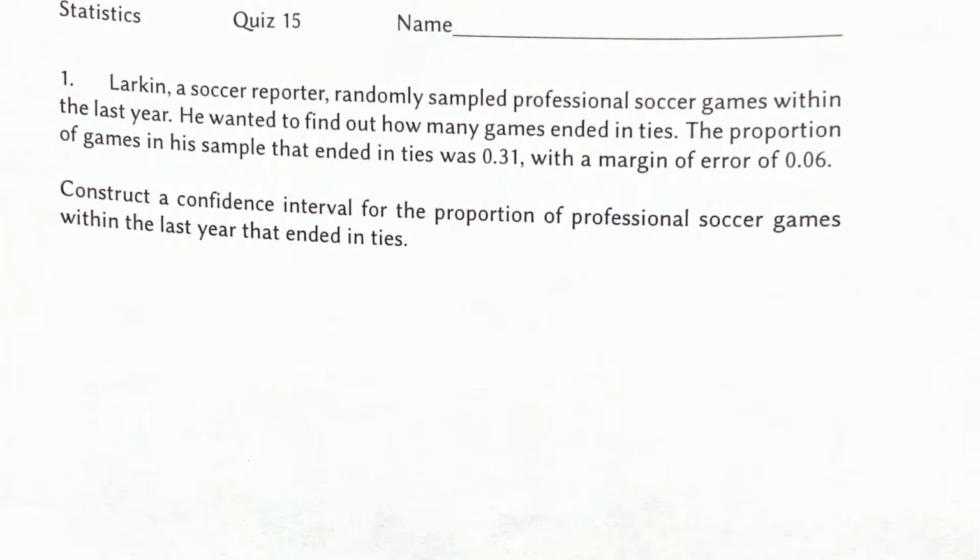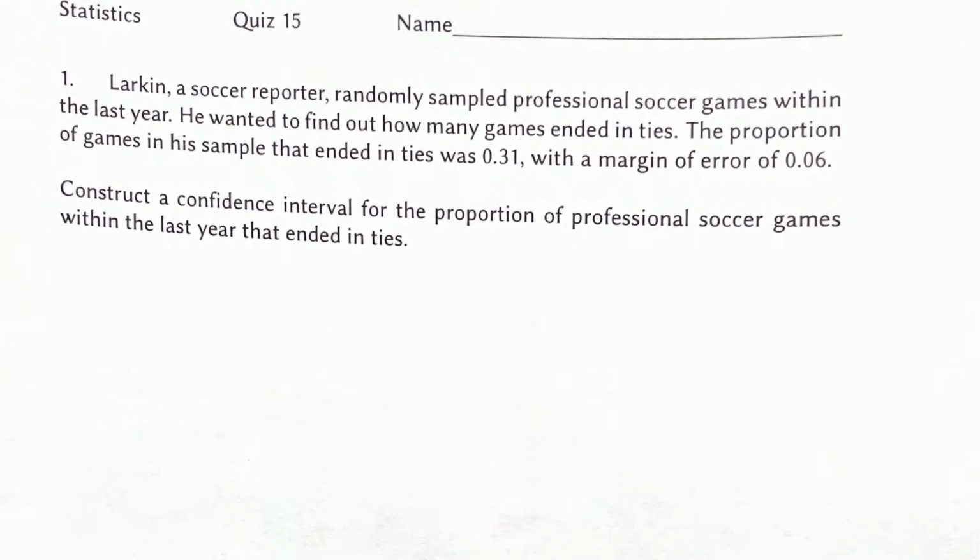Very good. Nice work. Okay, so let's take a look at this. Super easy, hopefully. First one, you're given the margin of error and the point estimate, and you're supposed to come up with the upper and lower confidence limits.